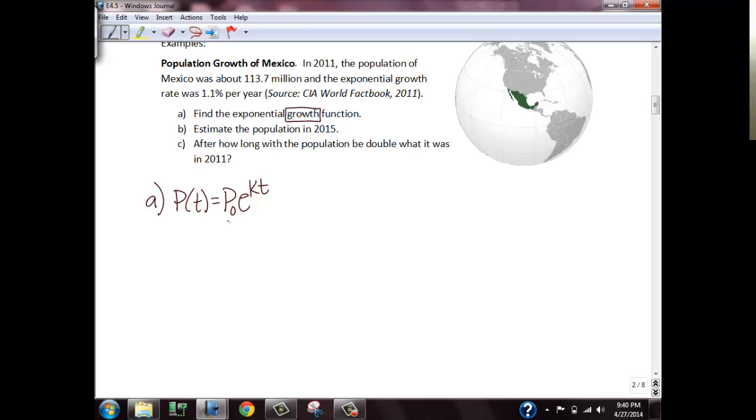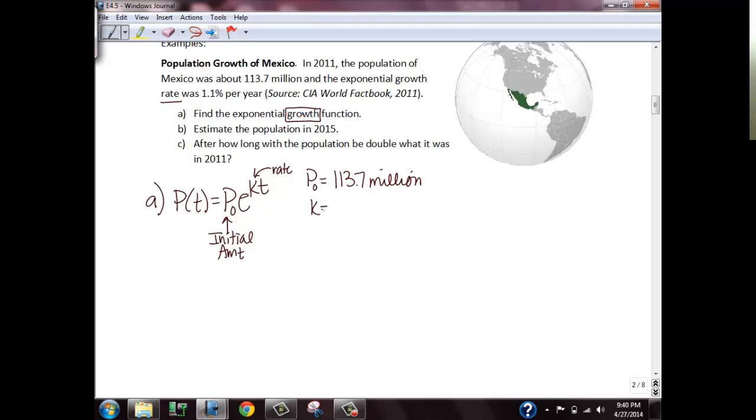In order to make it specific to our problem, we need to know our initial amount, and then we also need to know our growth rate, or our decay rate, growth rate in this case. Looking at this problem, notice they gave me both of those. They told me that my initial population in Mexico was 113.7 million, and then they told me that my growth rate was 1.1%.